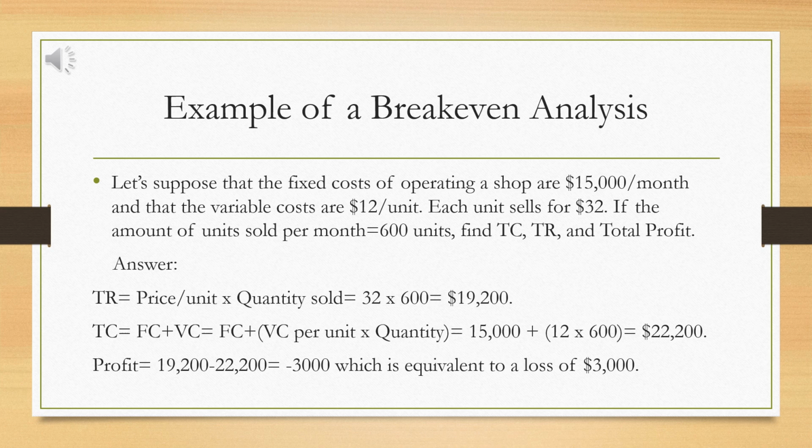The profit equals total revenue minus total cost. So 19,200 minus 22,200, which is minus 3,000, which is equivalent to a loss of $3,000.